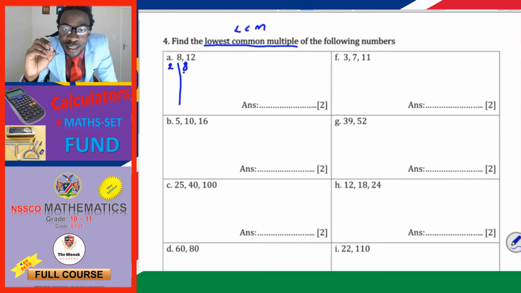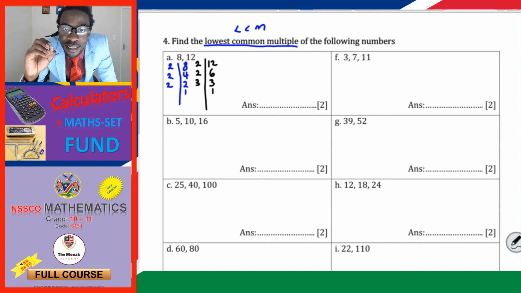We try 2, we know 4 times. We try another 2, we know 2 times. We try another 2, we know it's once. And then we go to 12. We try 2, we get 6. We try 2, you get 3.